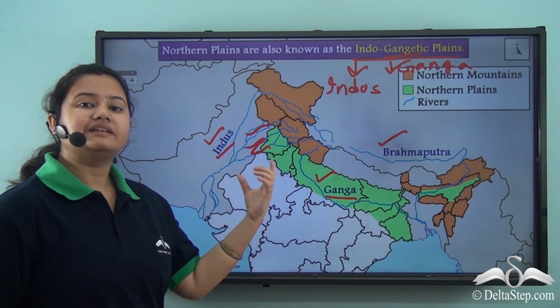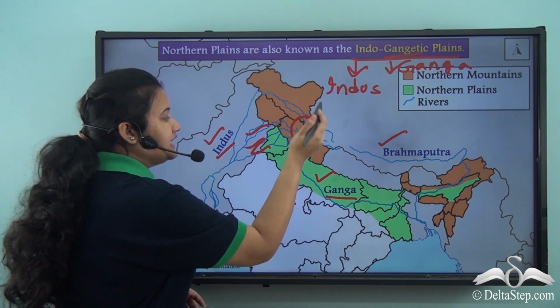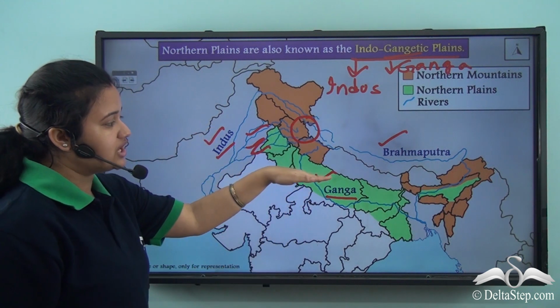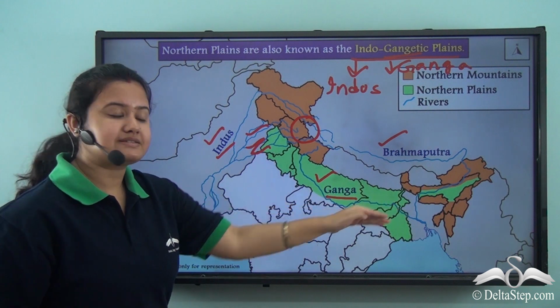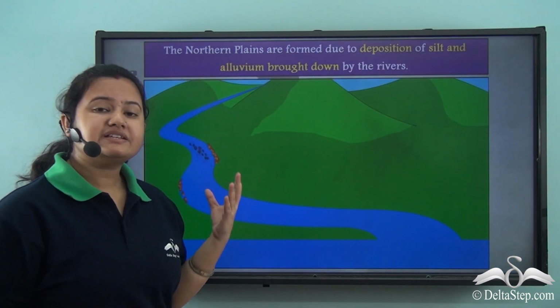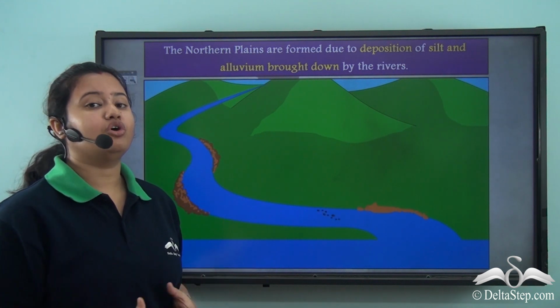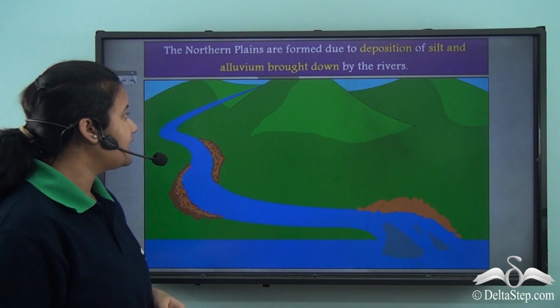Now all these rivers originate in the Himalayas and eventually they flow down to the northern plains. These rivers play an important role in the formation of northern plains.